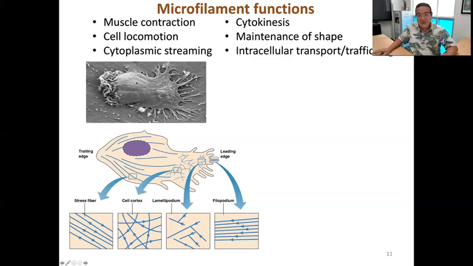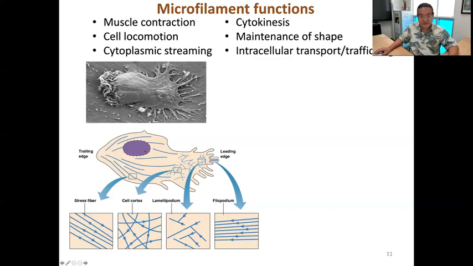So they're important for cell locomotion and cytoplasmic streaming, meaning as the cell's moving forward in this image here, you can imagine the rest of the cytoplasm with all the proteins kind of making use of the barbed nature of these microfilaments to kind of move forward. So if we were to look inside of this cell, there would be these microfilaments all throughout, but the arrangement of these microfilaments might be different depending on what part of the cell we're looking at.